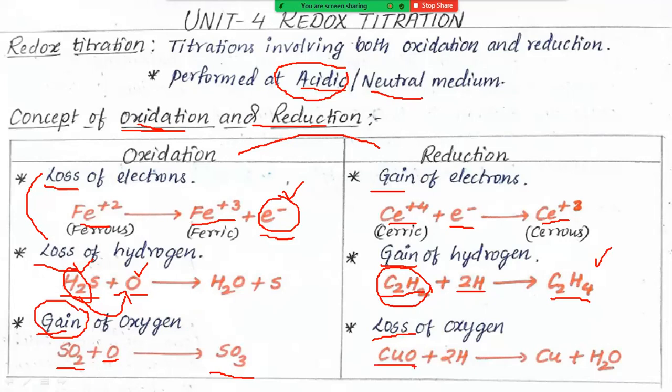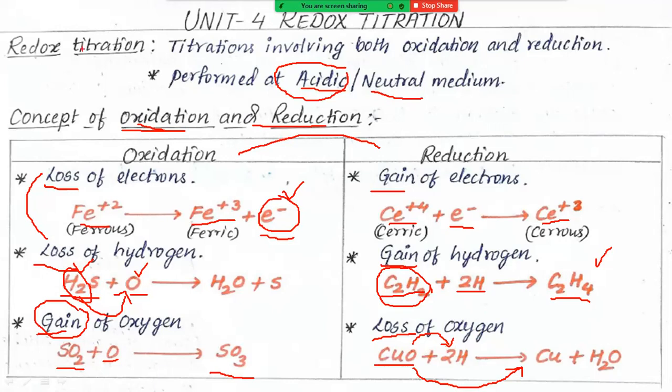For example, cupric oxide releases an oxygen atom, so that cupric oxide gets converted into copper. So oxygen is released from the cupric oxide compound. This is also called reduction.